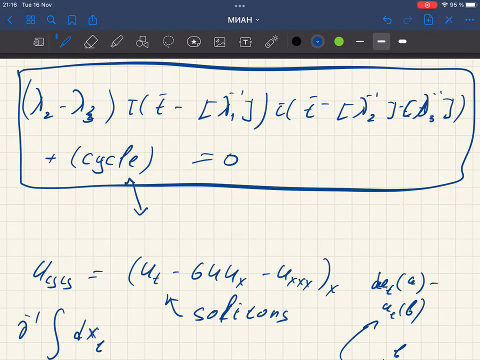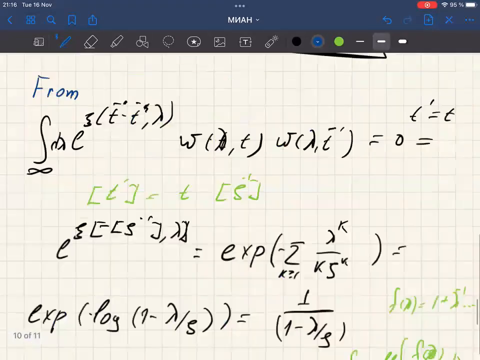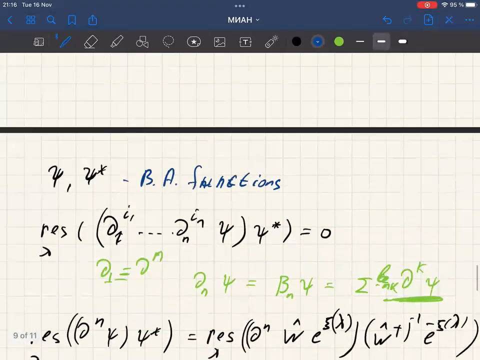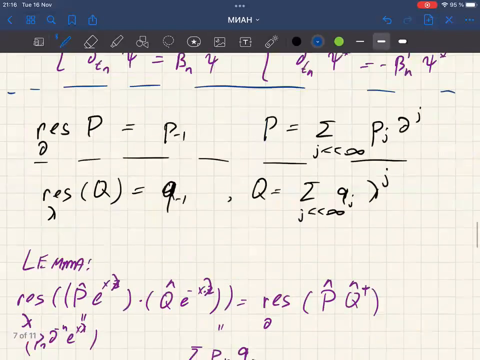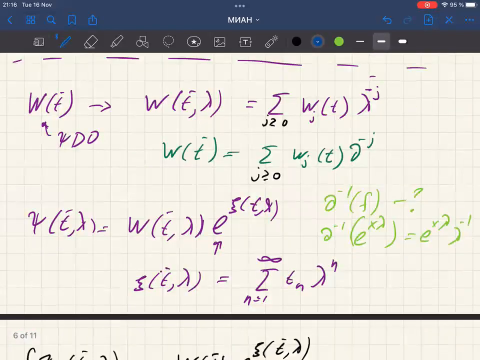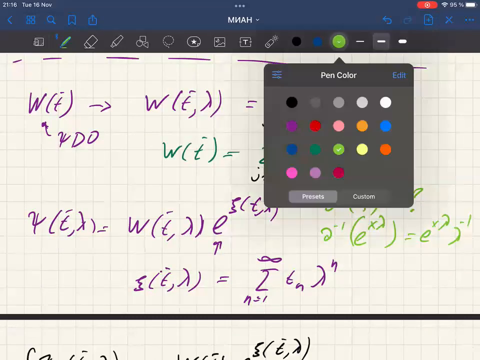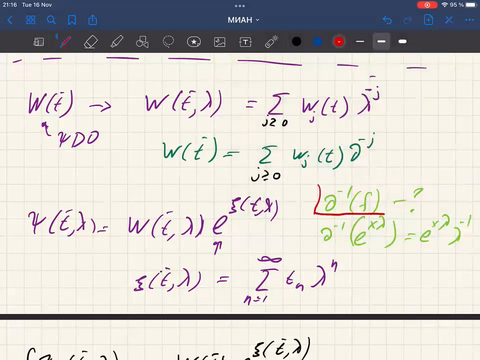We don't define the action of d minus 1 on some function. I recall that I specifically said that d minus 1 doesn't act on a function. Let me recall this. Here I said that we don't know what it is, and it probably isn't defined.